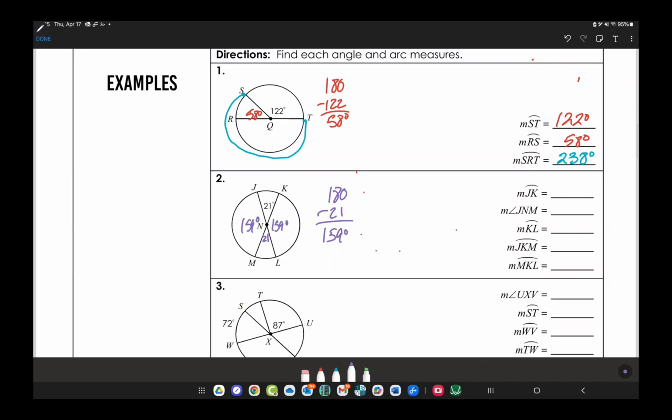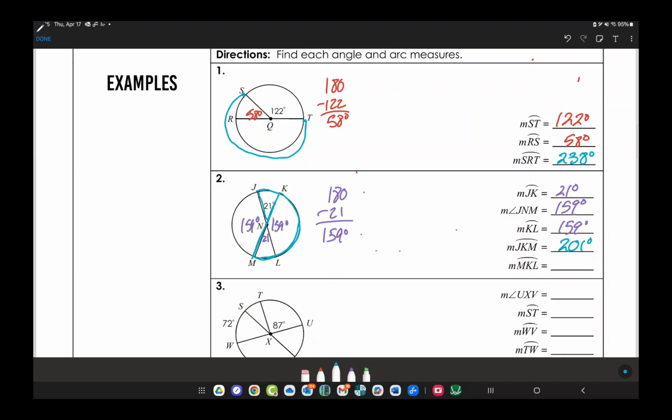So that makes arc JK 21 degrees, arc JM 159 degrees, KL also 159 degrees. JKM, so that would be JK all the way around to M. That would be 180 plus 21, which is 201.